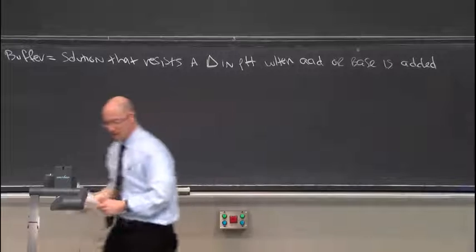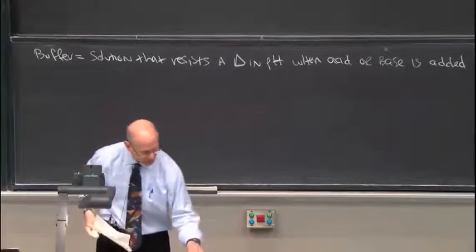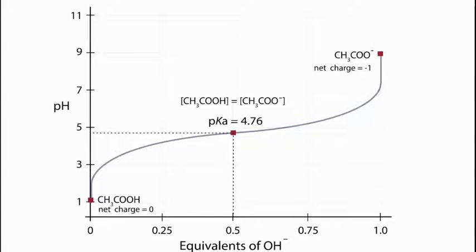Now, I'd like you to recall from the overhead that I showed you that we could add, or for that matter, subtract a whole lot of base. And look how flat this pH curve is right around the pKa. Once I get far away from the pKa, like a pH of around 3 or a pH of around 6, if I start adding or subtracting a little bit of base, look how much I change my pH. But right around the pKa, if I add or subtract some base, it doesn't really make a whole heck of a lot of difference, does it?